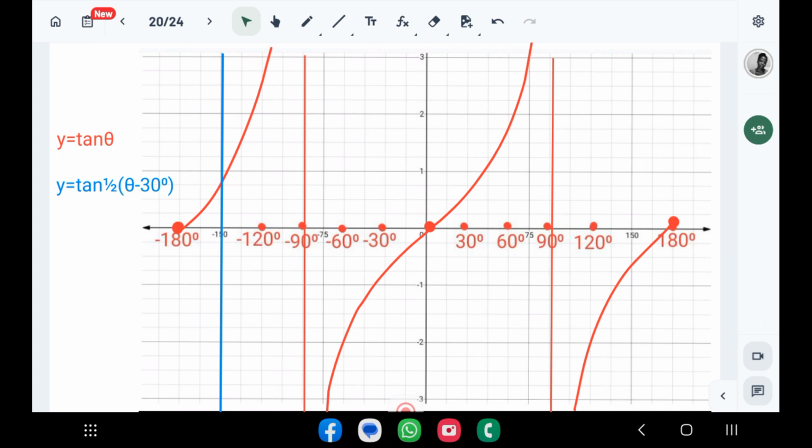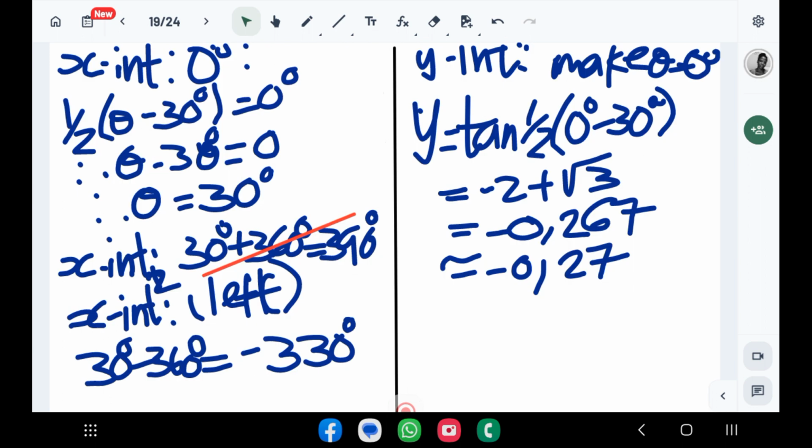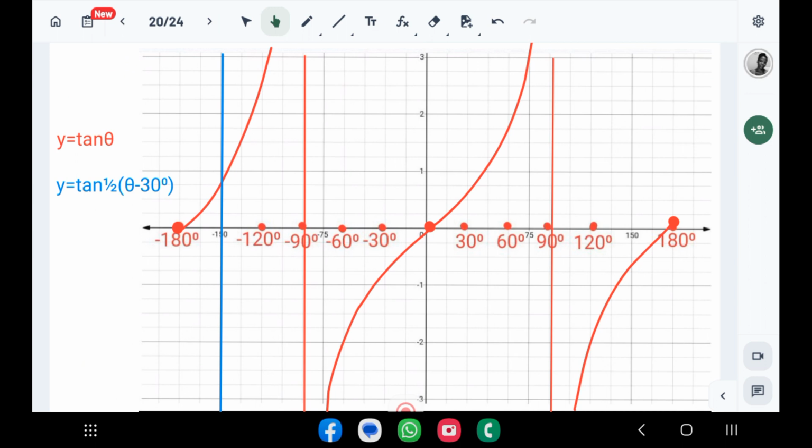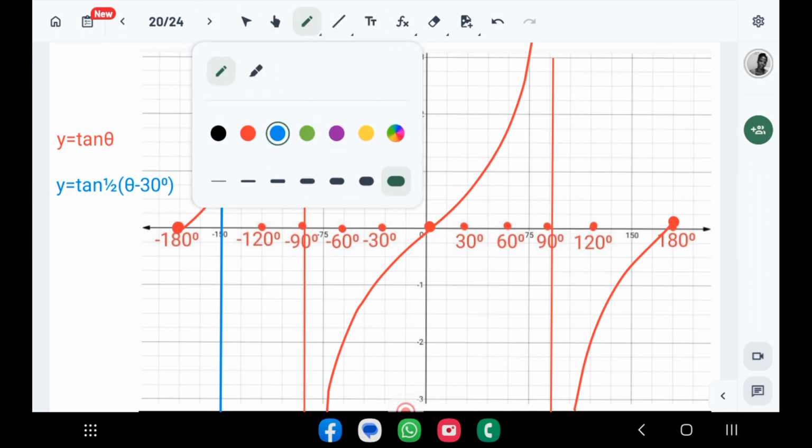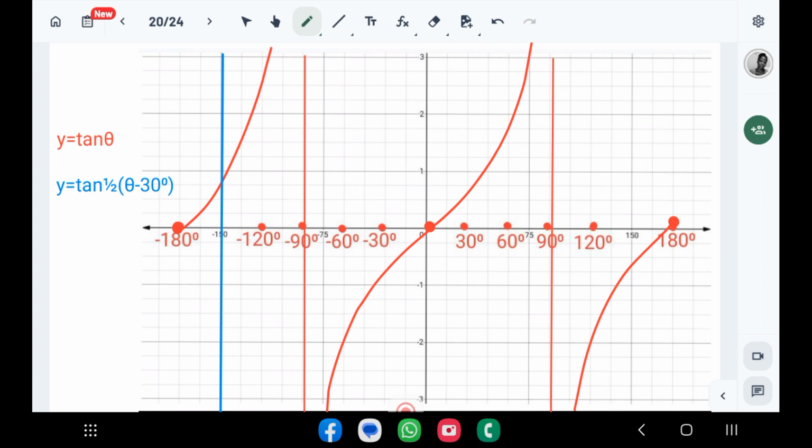The first x-intercept is at x equals 30 degrees. There is the first x-intercept. The next x-intercept is outside of range: 30 degrees plus 360 degrees. Remember, the period for the blue graph is 360 degrees, so 30 plus 360 is outside of range.